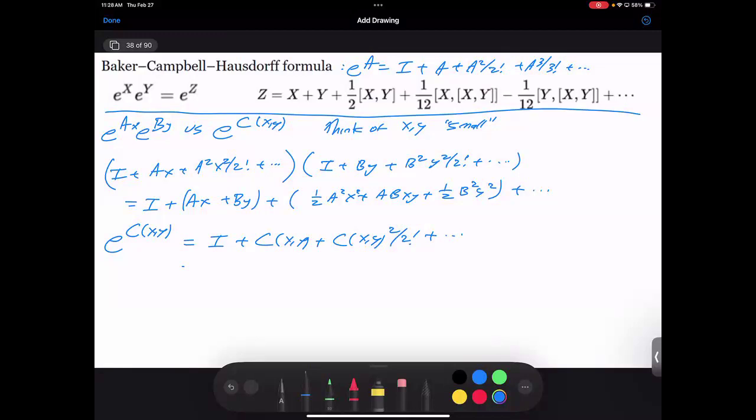What do you want c of xy to be? Some kind of binomial. Okay. So one possibility is maybe it starts off with ax plus by. One over square root of 2? The coefficients. Why would those be the coefficients?